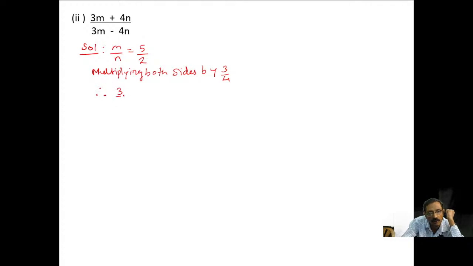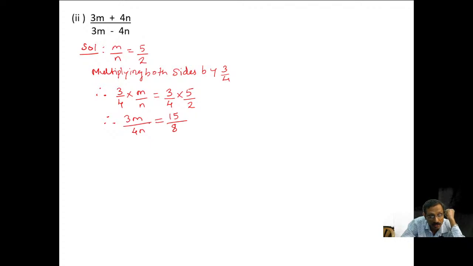So, 3 upon 4 into m upon n is equal to 3 upon 4 into 5 upon 2. So what we will be getting? Therefore, 3m upon 4n is equal to 3 fives give me 15 upon 4 twos give me 8.